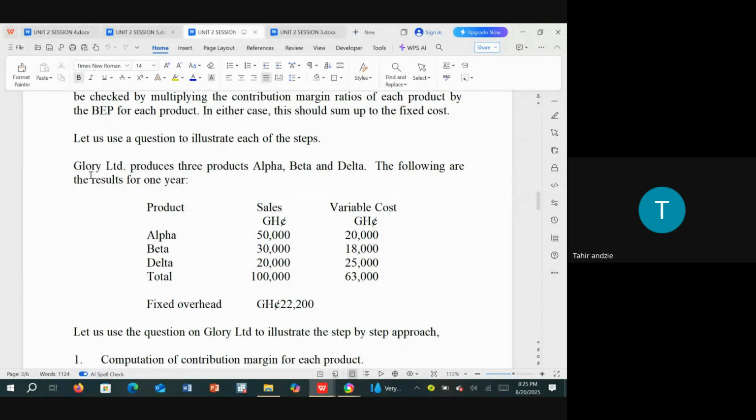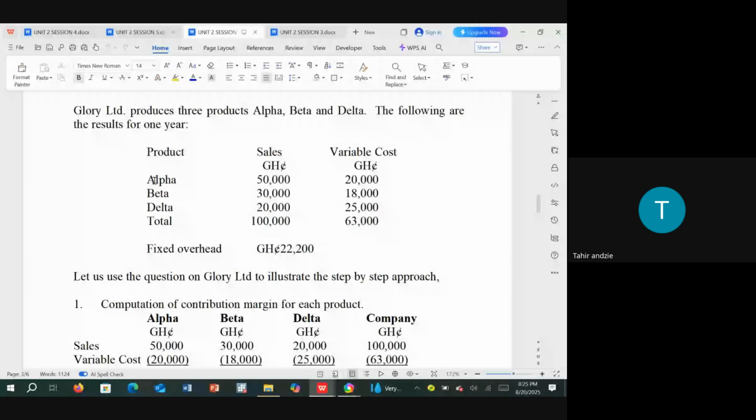So Glory Limited produces 3 products: Alpha, Beta, and Delta. The following are the results for 1 year. So we have the products here: Alpha, Beta, Delta. Total sales is 100,000. So we have been given sales values. We are not given sales in units.